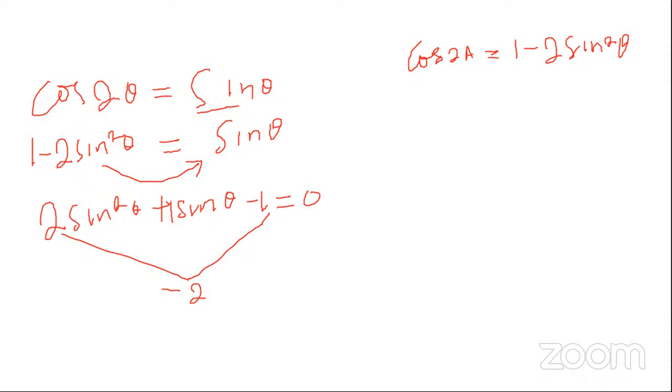What would be those numbers? -2 and +1. Let us see: -2 times 1 is equal to -2, that is right. But -2 plus 1 still gives us -1. Not correct.